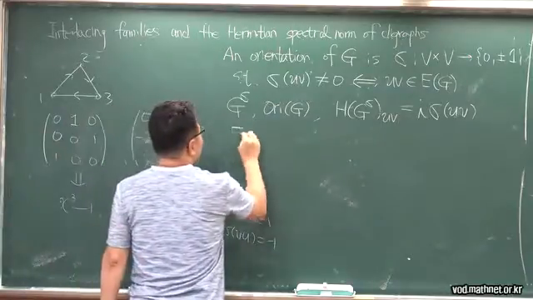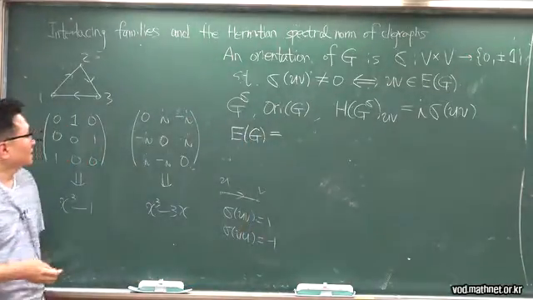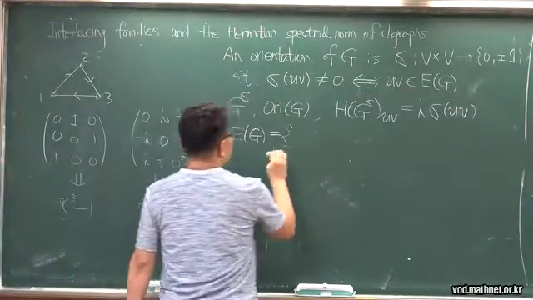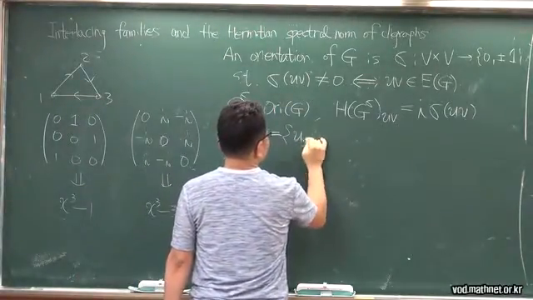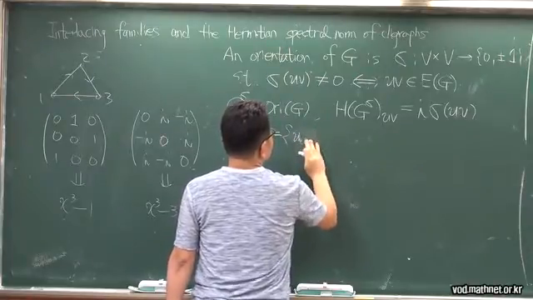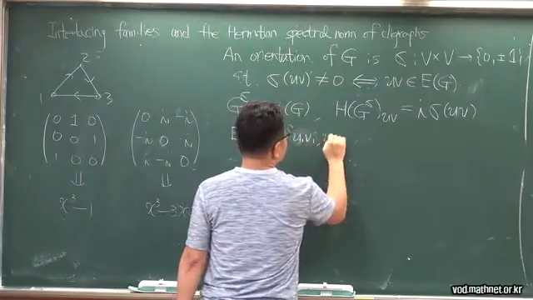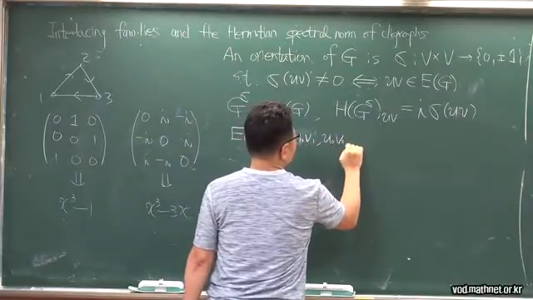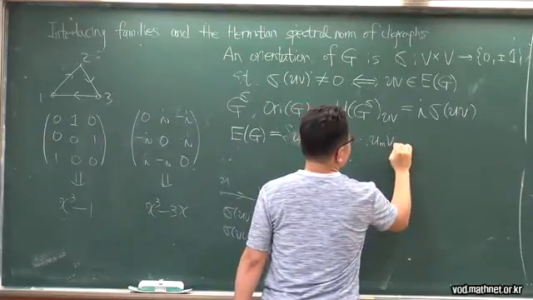And probably we want to label the edge sets like this, so maybe uj and vj. So u1, v1, u2, v2, up to um, vm.